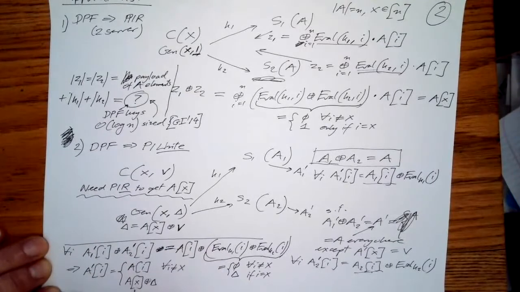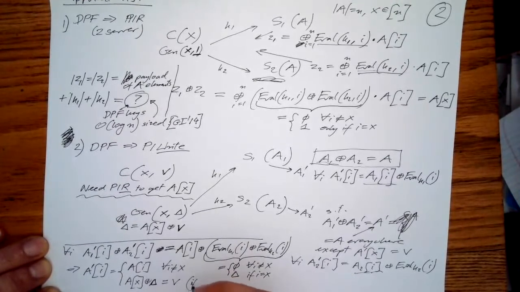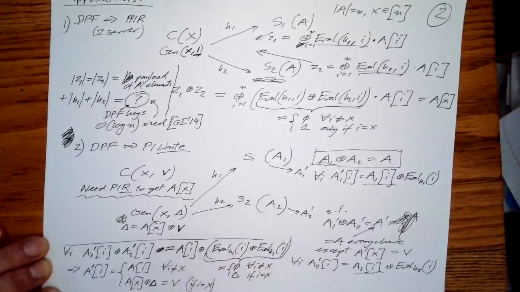Now you see why I needed the previous value of the array at point X, because this will be equal to V, and so that's if i is X.